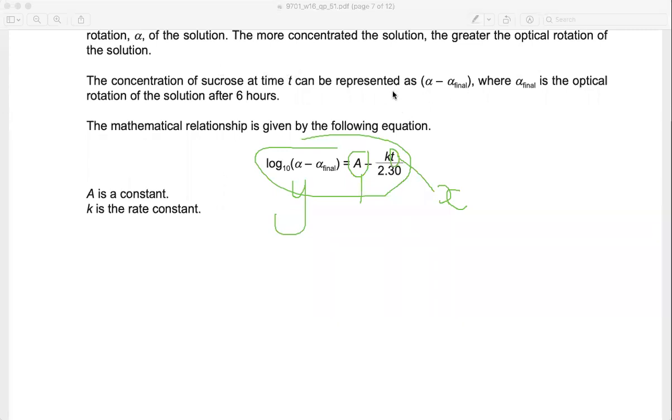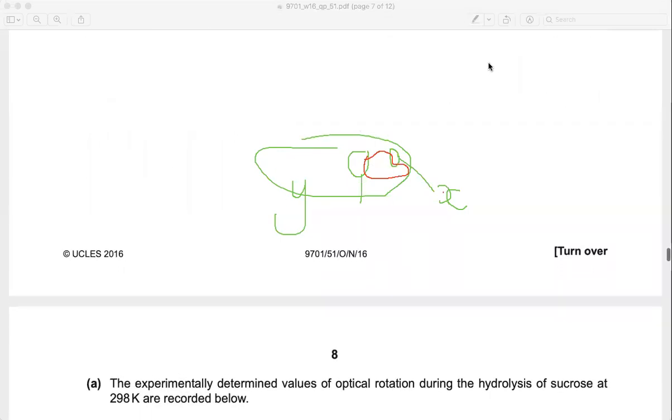So I'll use a different color. Negative k over 2.303, that's your gradient. Right, clear.